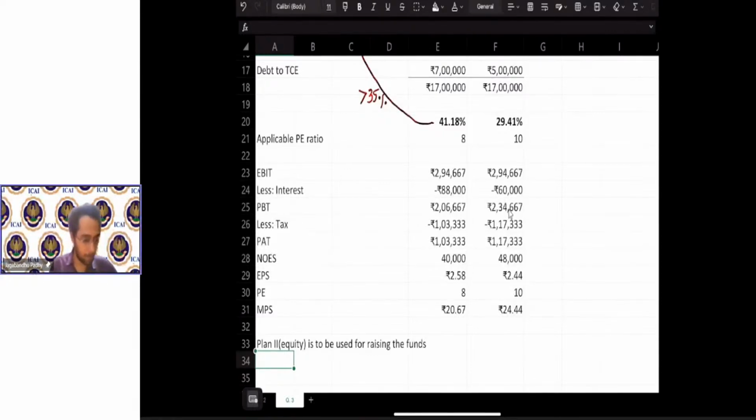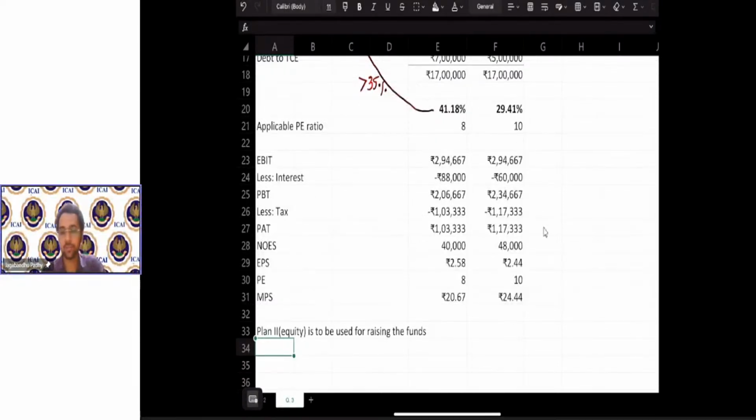Okay, I hope we are clear till now, everyone. Are we all good with it? I hope we're able to understand both question 2 and 3 till now. Okay.